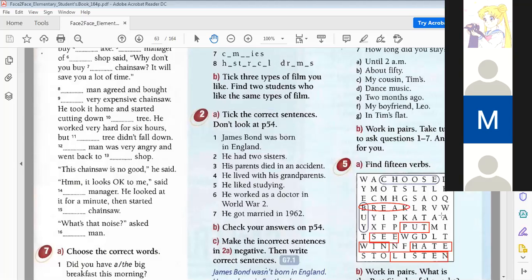Okay. Who can find vertical ones? The vertical ones. Who can find vertical ones? What do we have? Start. Okay. Start. Where is start? Is it on the right side, left? Which column?